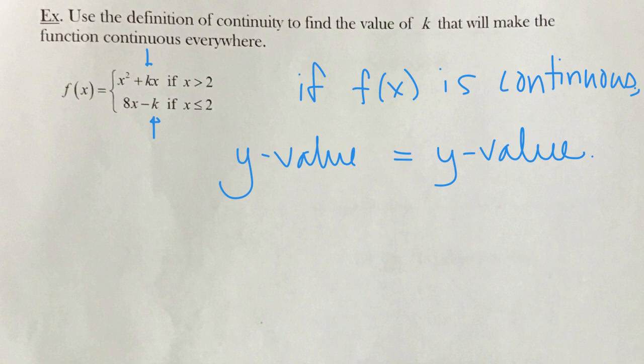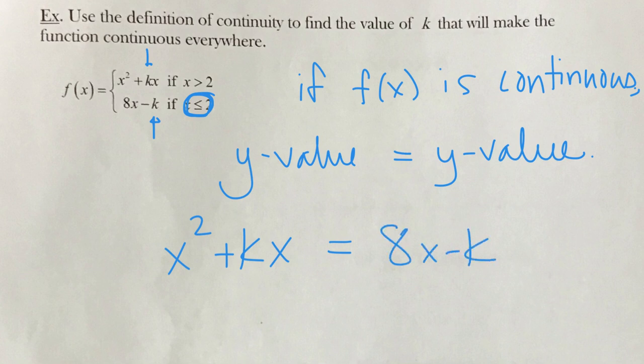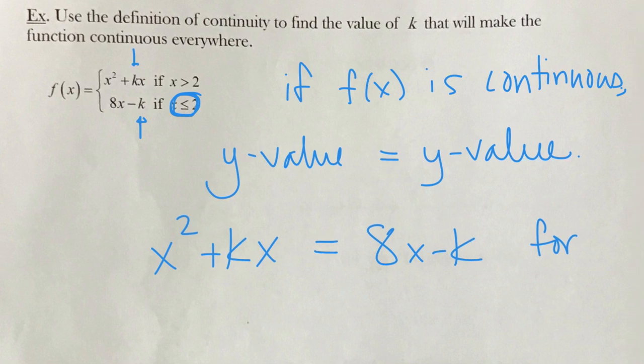Okay? And if that's true, then our function is defined there also, right? We have to have a y value, and because it's less than or equal to, that means we are going to have a y value there also. So that one's taken care of. So we want to know, when will x squared plus kx be equal to 8x minus k for what value of x?